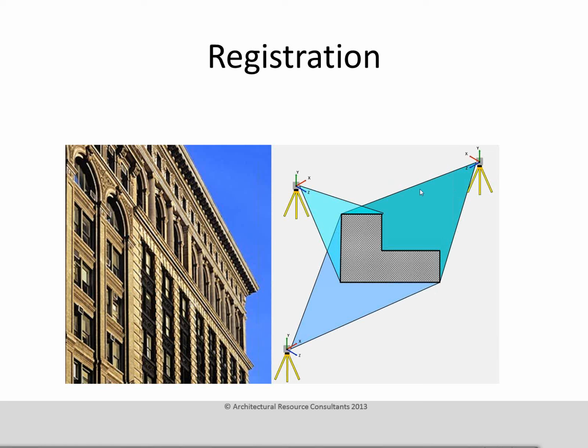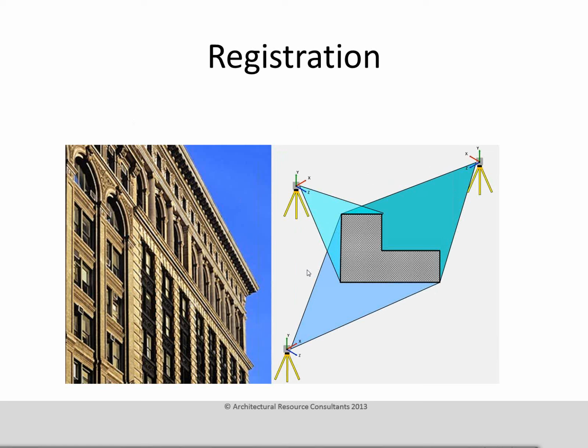So there's different ways that we stitch our scans together once we take them. And we call the stitching together of the scans registration. So in this case, probably the first method, and the fastest and probably lowest level of accuracy, is targetless or cloud-to-cloud registration.